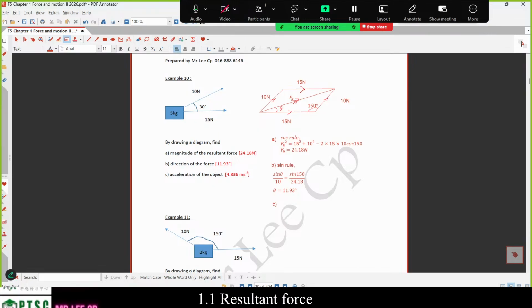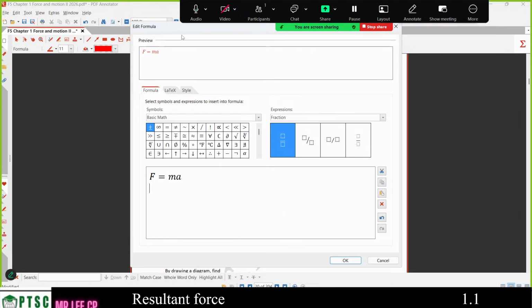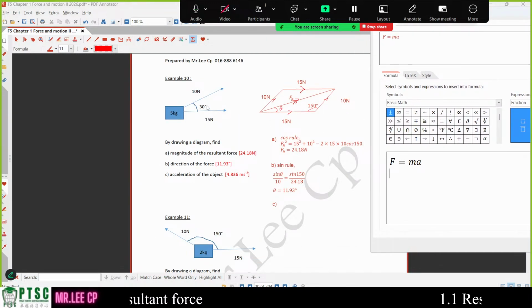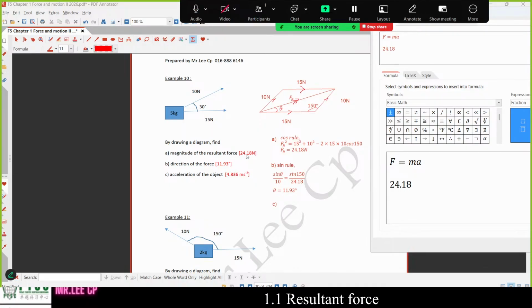Acceleration of the object. So F is equal to ma. This question doesn't give you a frictional force, so we just assume there is no friction. If there is any frictional force, they will tell you. If not, you just leave it. So the resultant force, 24.18, is equal to ma.